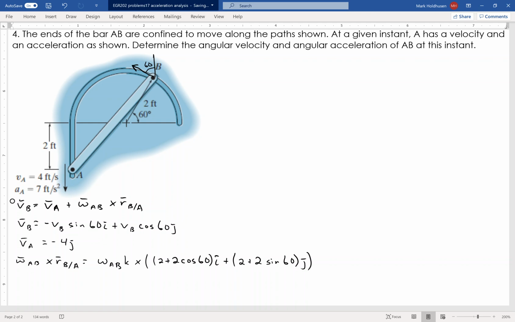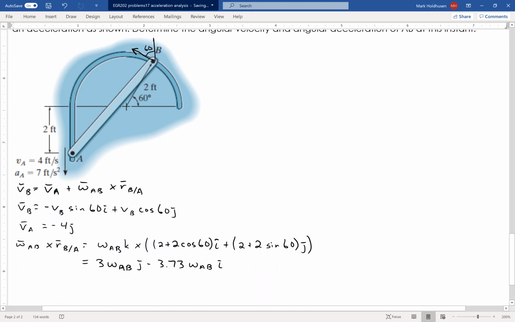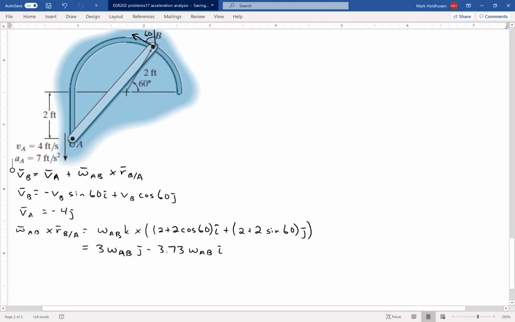Now, if I do that cross product, I get 3 omega AB in the j direction and negative 3.73 omega AB in the i direction. Okay. Now I can break it up into x and y components, right?